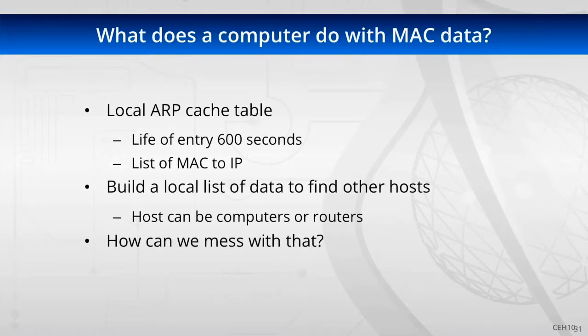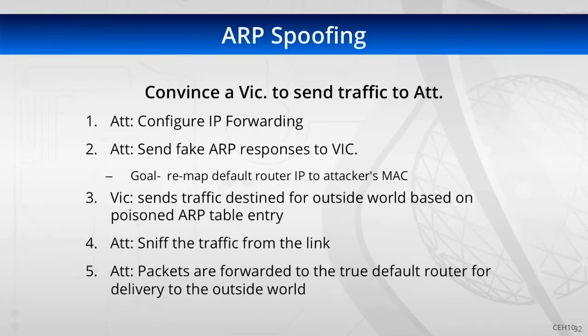So we want to figure out how to mess with this. Okay, so let's talk ARP spoofing for a second. We're going to convince a victim to send traffic to an attacker. Normally, good guy is going to this location, and that data's flowing across here. So what I will do is configure IP forwarding for any traffic from this network to this network.